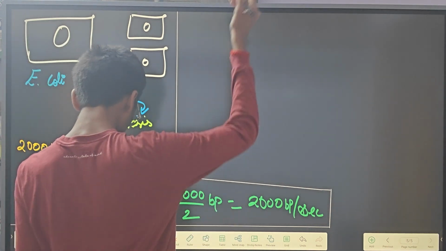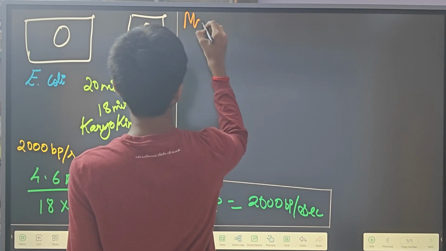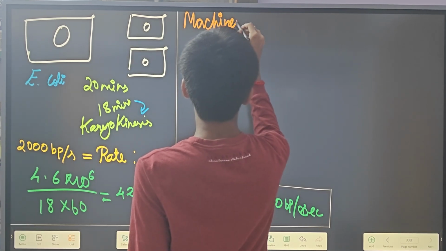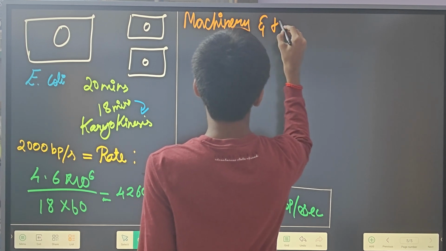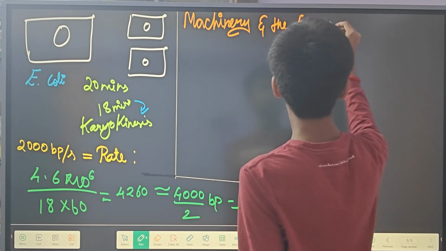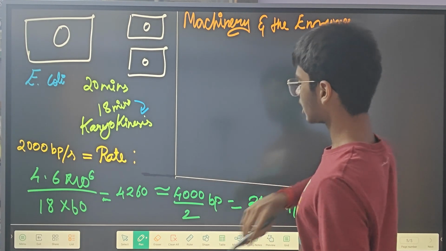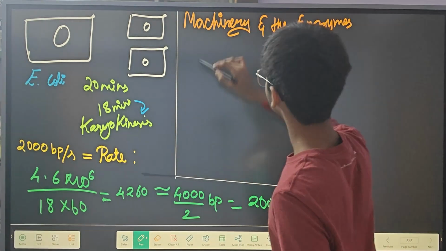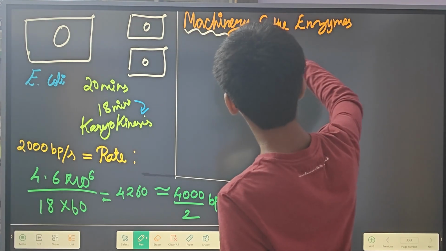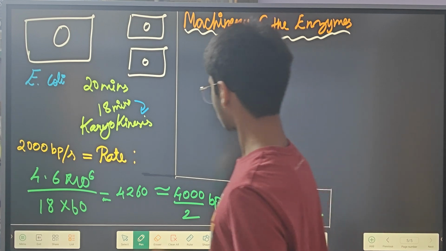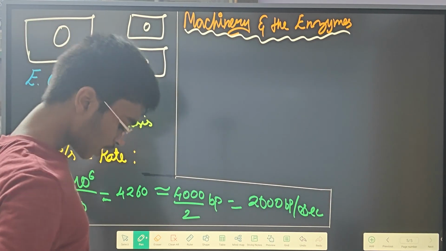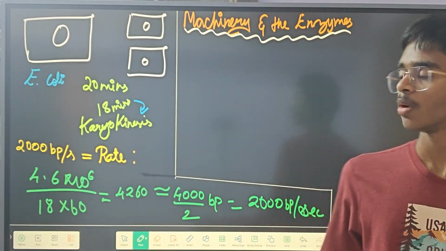Okay, so the machinery and then the enzymes. So first we are going to check about ORI.